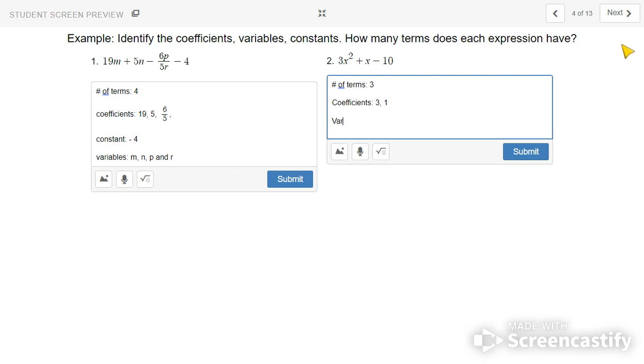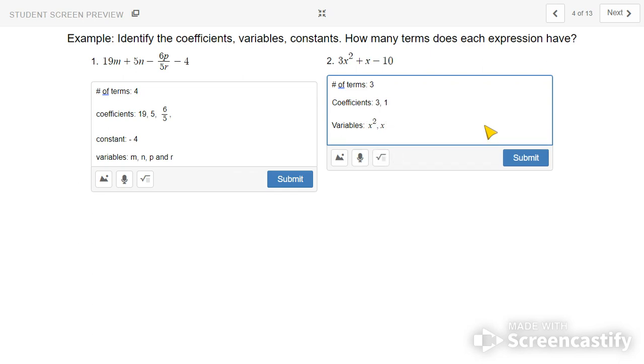Now our variables in this case, we have two different variables. One variable is x squared. Another variable is x. Now we know that these are different because x squared means x times x.